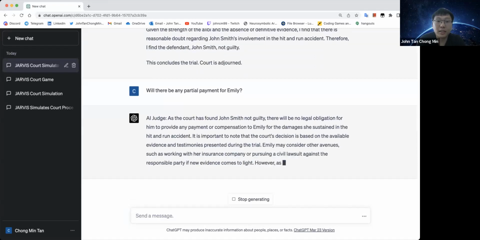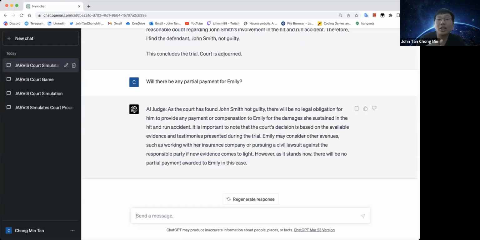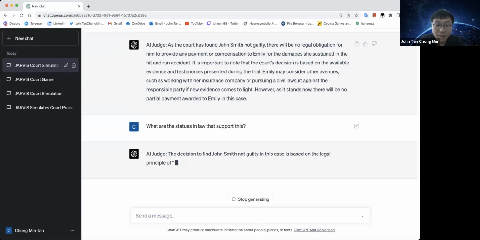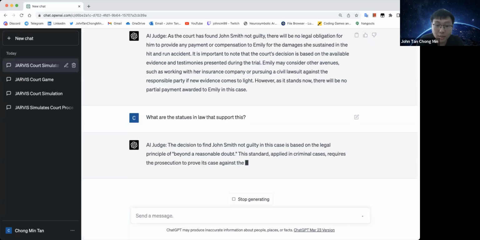Okay, so it looks like no. And you can also ask the judge, why did you do this? I don't know whether you can ask this, like, what are the statutes in law that support this? Because I'm not too sure whether, beyond a reasonable doubt. Okay.